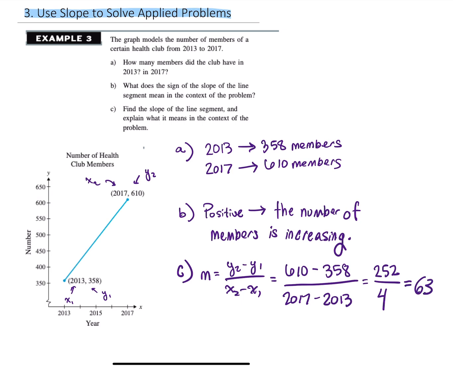That means every year the membership increased by 63 people. So let's write that in context and say number of members increased by 63 members per year.